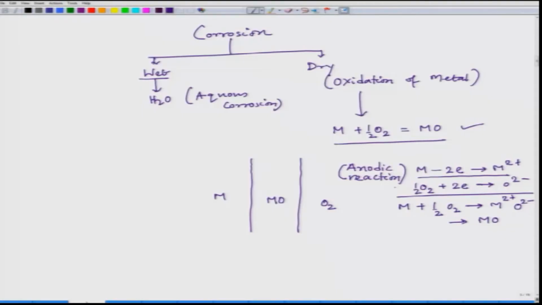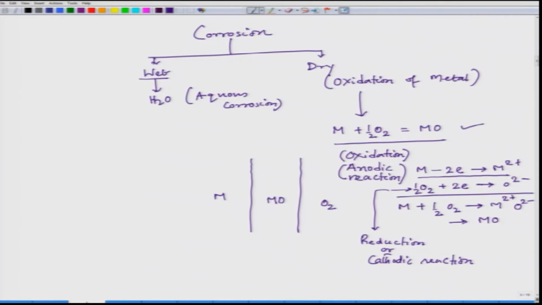Now, this reaction is a reduction reaction, the cathodic reaction, and this is the oxidation reaction.